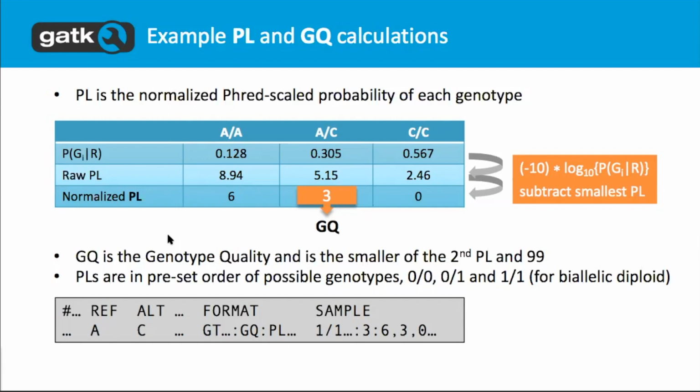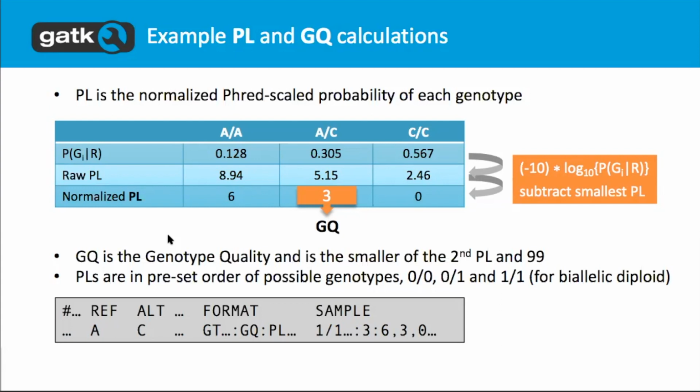The higher the value, the less likely it is that that is the right genotype based on the Phred scaling. Here you see these are very small numbers. Usually these numbers would be much larger, but in our example we were using unusually large probabilities for different possibilities.